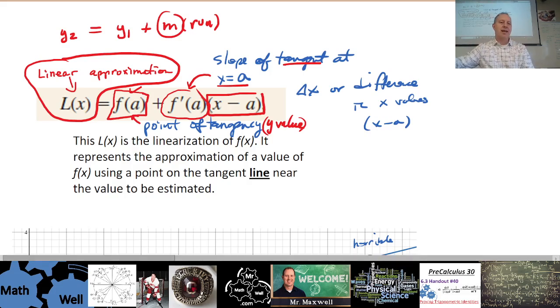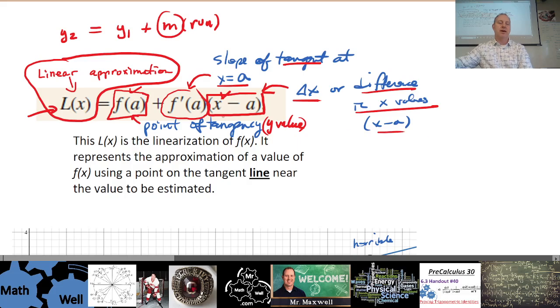So this is your second x value, and you will be given this, or it will be plugged into your equation. This will be the only unknown here, is the linear approximation. So this whole thing right here is delta x, or the difference in the x values, x minus a. That's the difference, the run. Any questions so far?